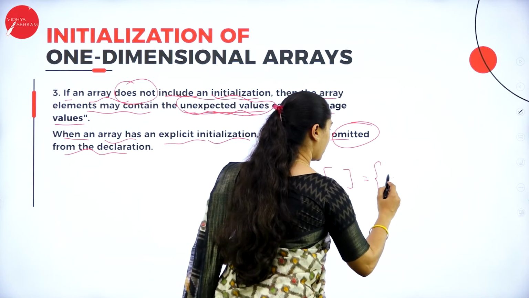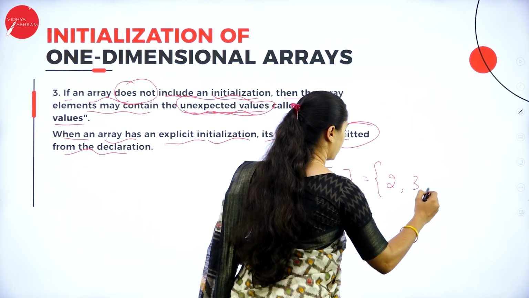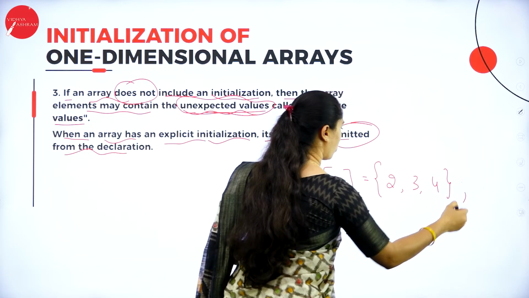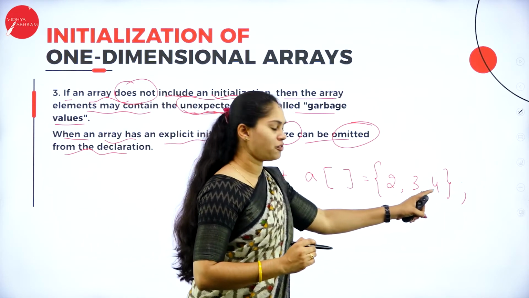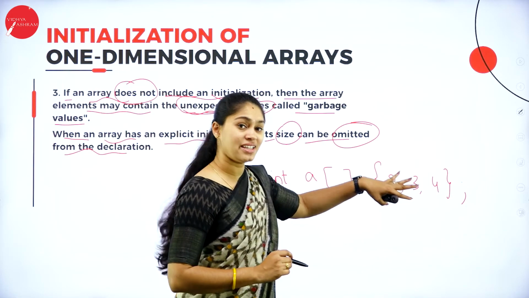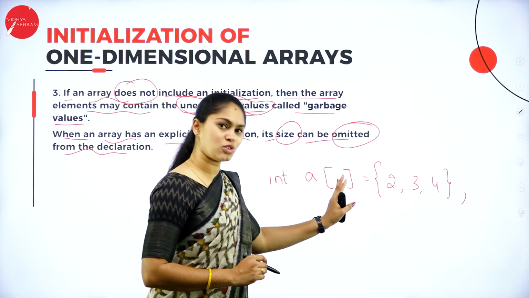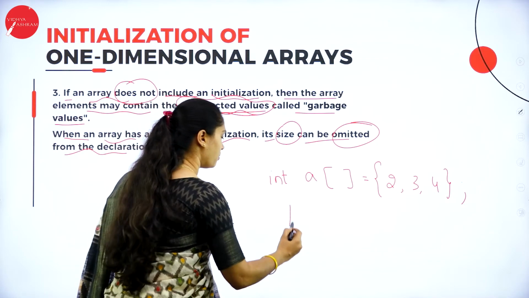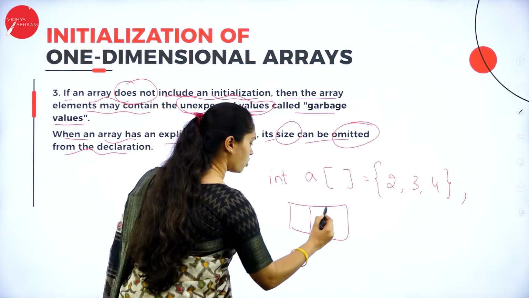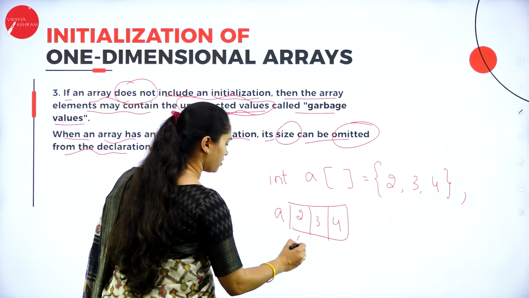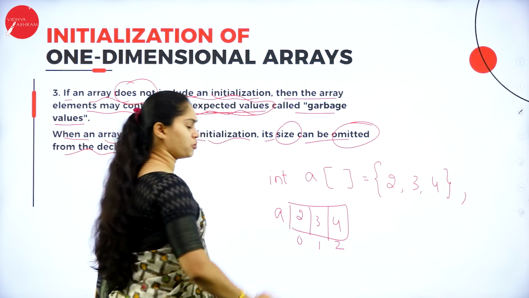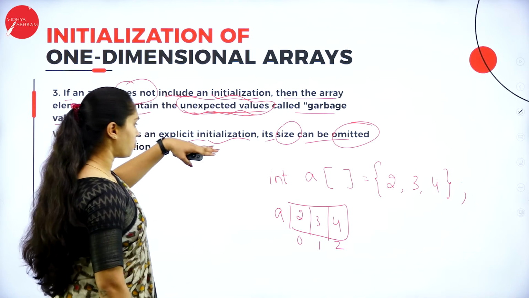Here I can consider 2, 3, 4. By just looking at the number of elements we have, that size will be assigned to the array by default. So it will have 3 elements, 2, 3, 4, the name of the array is a, and the locations are 0, 1, 2. This is what this point represents.